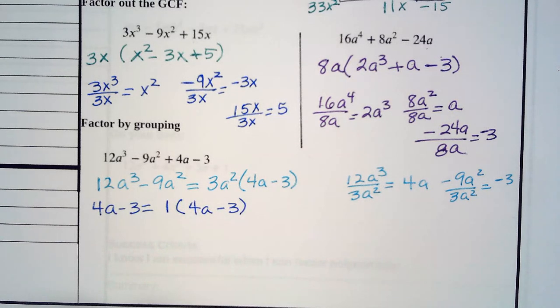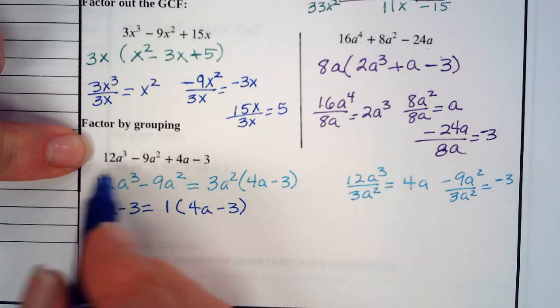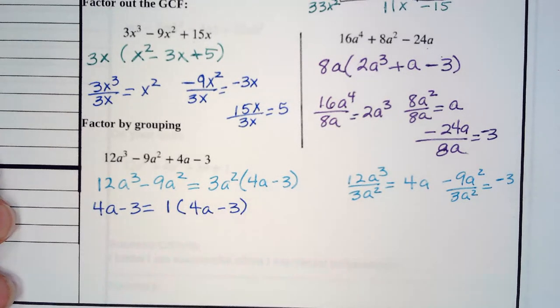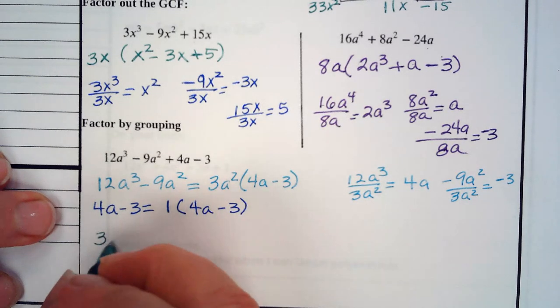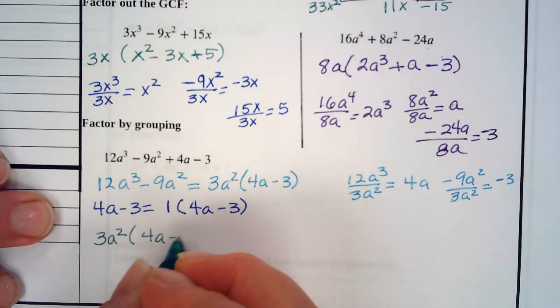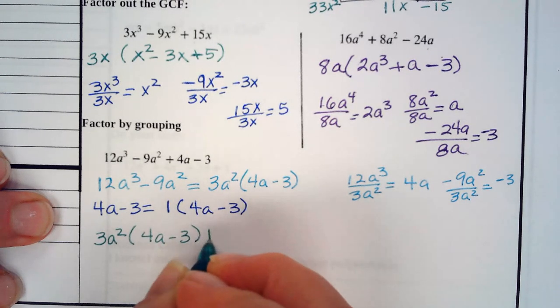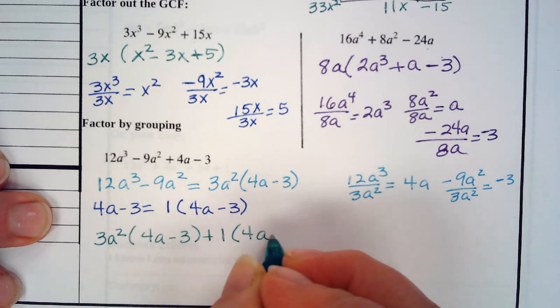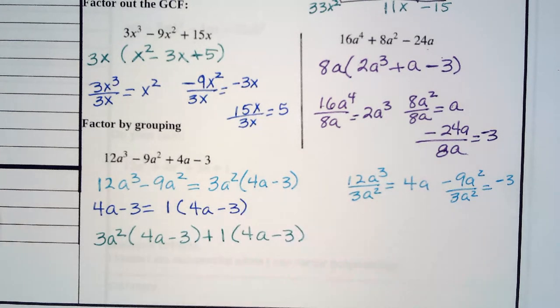Okay, let's rewrite this expression with these two factors. It becomes 3a squared times the quantity of 4a minus 3 plus 1 times the quantity of 4a minus 3. Okay, I want you to stop and think and see what we've just done.